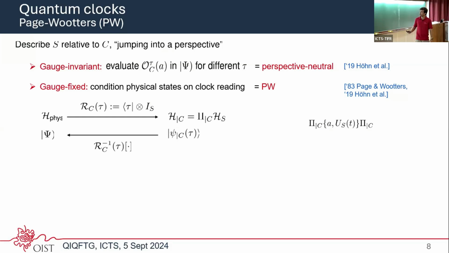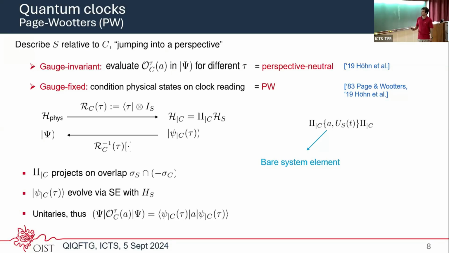And the same can be done for the algebra. You take your gauge invariant algebra and you just conjugate with this R map, and then you get these operators here, which are just bare system elements, and then these U unitaries of the clock of the system Hamiltonian, which generate your time evolution for the system, for the relational Schrödinger states here.